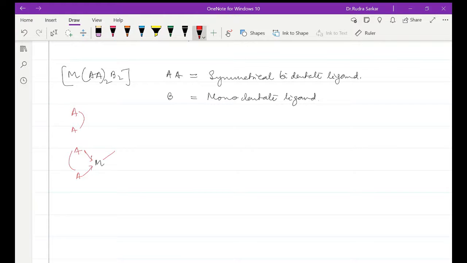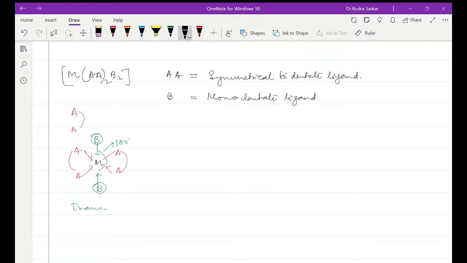So if we consider that, then there can be an arrangement like this possible, and we will place the B donor atoms top and below. Now, just as in Ma4B2 complex, whenever the angle between the B donor atoms is 180 degrees, we will call this a trans isomer. This angle out here is the 180. So this is obviously a trans isomer.